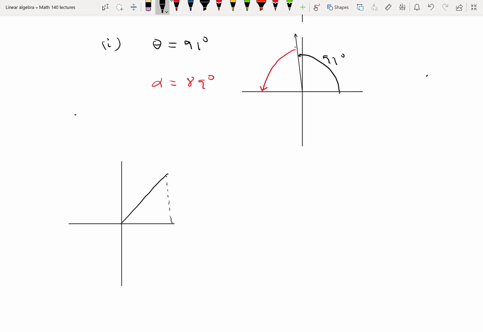All the trig functions are going to be positive for theta. The sine is 4/5, the cosine is 3/5, the tangent is 3/4. All trig functions are positive in quadrant 1.